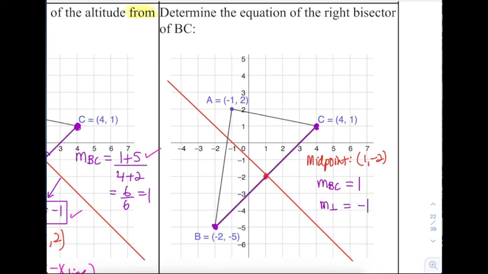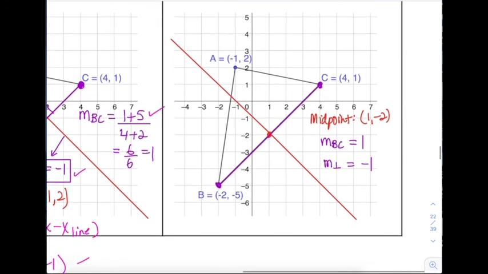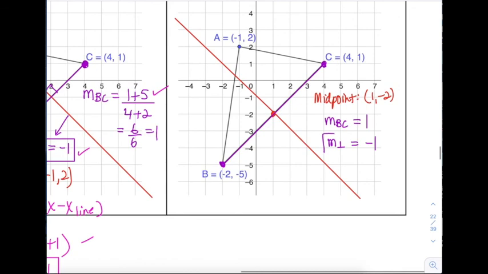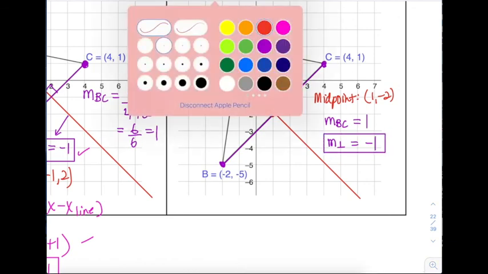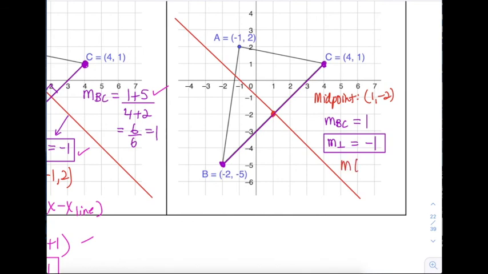And what you'll notice is that the right bisector and the altitude are parallel. They have the same slope, but they go through different points, right? So here is my slope, and I know my point, there's only one choice here.